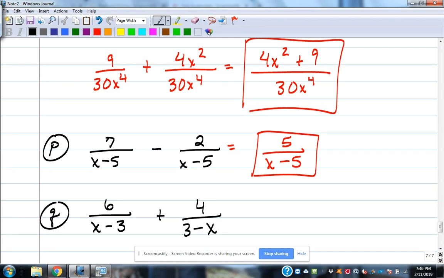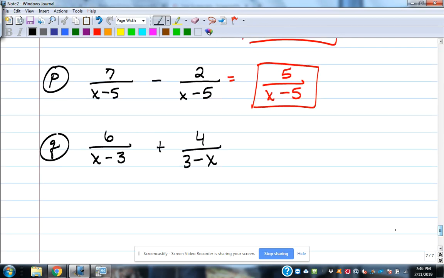My little dyslexic brain doesn't want to do this right. My brain will swap that second one every time. But it's not. So they can be negative x plus 3. If we wrote it in descending order, it would be negative x plus 3. But does that match x minus 3? No.